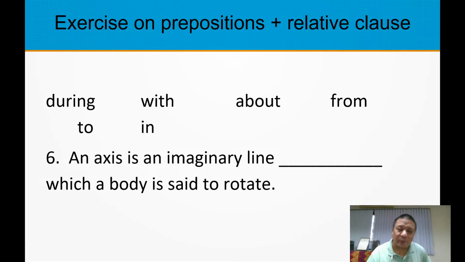You can also use the word "around." An axis is an imaginary line around which a body is said to rotate. But an axis is an imaginary line about which a body is said to rotate. So the use of prepositions and relative clauses makes your writing crispier. Of course, we like things that are crispier, not soggier.